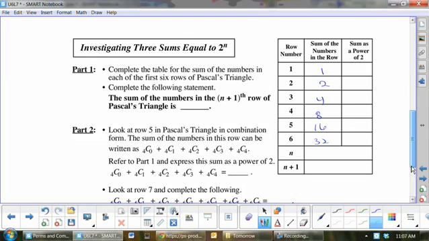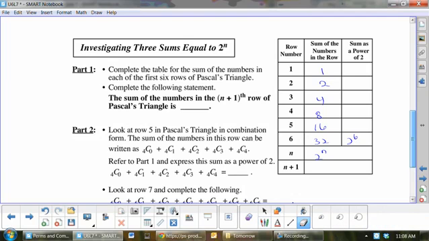The 20th row, the 50th row. The nth row would be? Is it 2 to the n? Is this 2 to the 6?